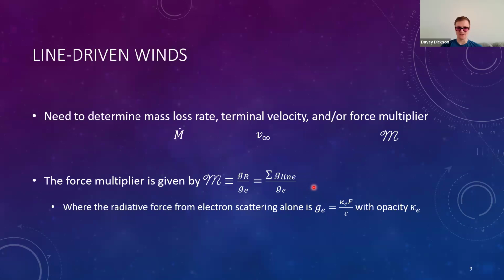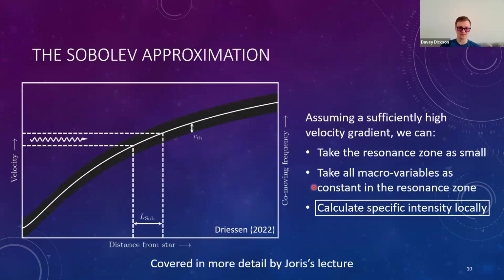The one that is most common throughout these models that I want to discuss is the Sobolev approximation, which was previously detailed in the first lecture of this series. And that Sobolev approximation, as a refresher, assumes that the gradient of velocity is so high that we can only concern ourselves with the local region and treat everything as constant because that region is sufficiently small.